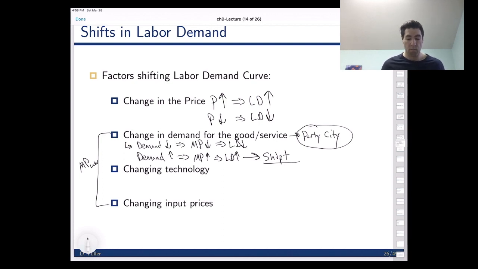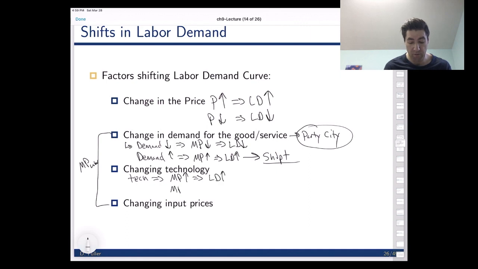Related to that, changing the marginal product, we have changing technology. So if the technology to produce a particular good or service changes that makes workers more or less productive, that is similarly going to increase the marginal product of labor. So if the technology makes you more productive, labor demand increases.